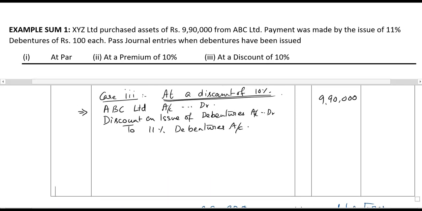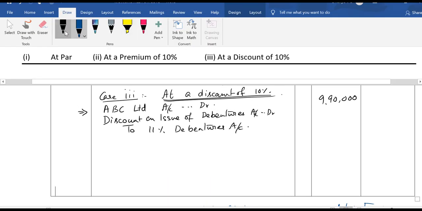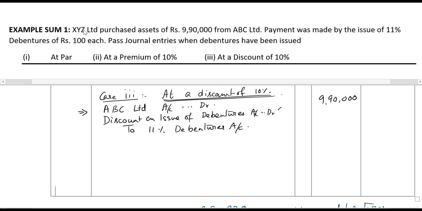Let's fill up the journal entry. Against discount on issue of debentures, we need to write 11,000 debentures multiplied by rupees 10 per debenture. Discount comes up to 1,10,000 rupees. And against 11% debentures, we need to write 11,000 debentures multiplied by the face value of rupees 100 per debenture, comes up to 11 lakh rupees.